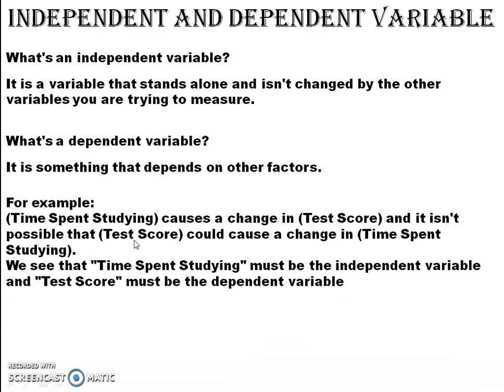Time spent studying causes a change in test score. The time which you spend learning causes a change in test score. Test score means the marks scored in your class test. So can you tell me which is the independent and which is the dependent variable? Time spent studying is an independent variable, because it depends on that person.